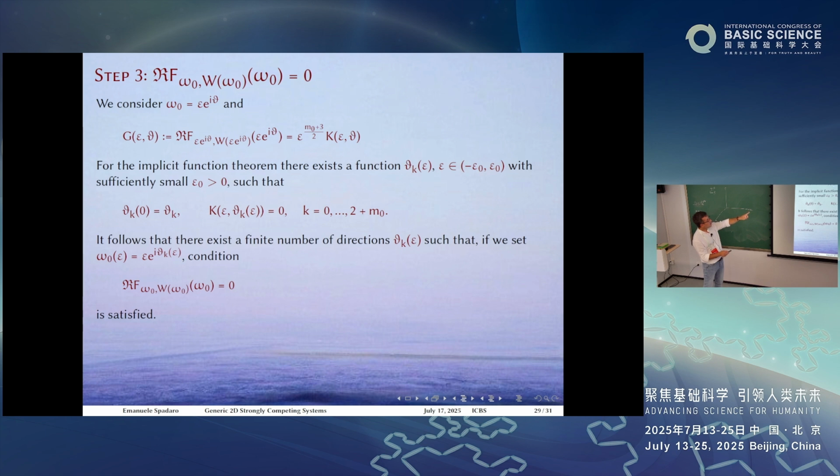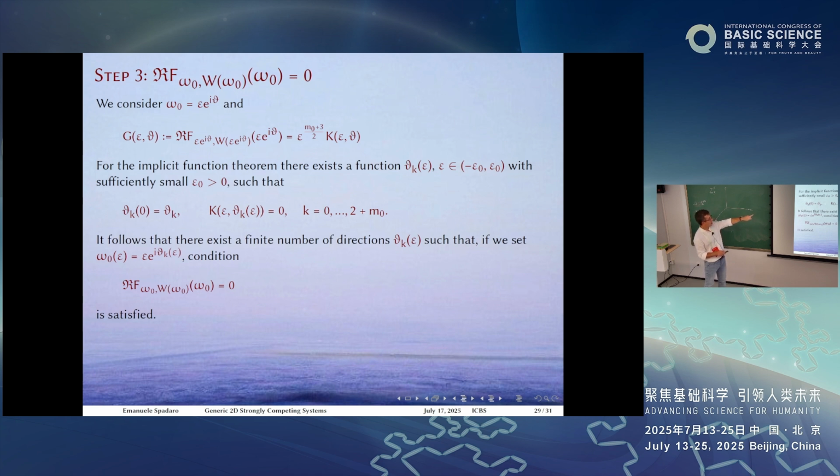And now everything is, in some sense, explicit. Because for every omega 0, which now I call epsilon e to the I theta, we have found the vector W, which is suited for this operation. And now I have to take care of the real part of this function at this point, which we see as a function of two real variables, epsilon and theta, and we can apply to this function an implicit function theorem. And here you discover this rigidity I was explaining with an example.